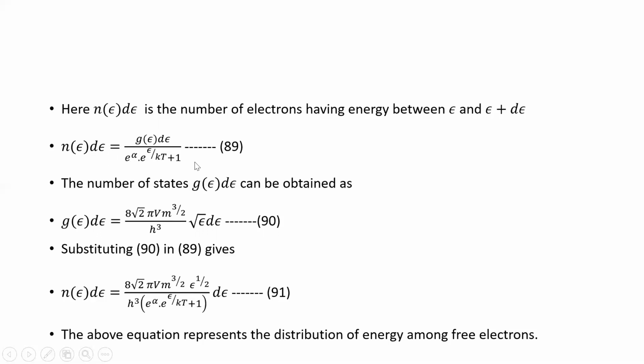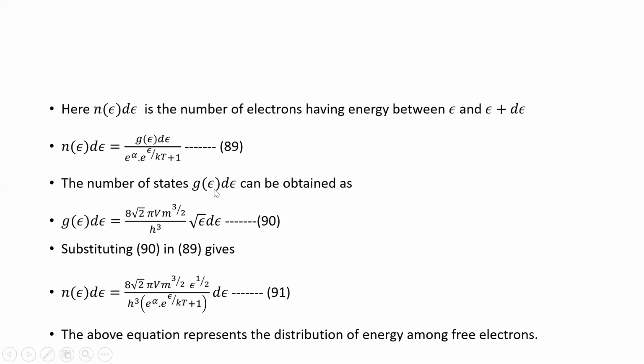This we obtained from the Fermi-Dirac distribution law, which states that Ni is equal to Gi by e raised to alpha into e raised to Ei by kT plus 1. N(E)dE is for a system which has continuous energy distribution. So N(E)dE is the number of electrons having energy between E and E plus dE, and this is the Fermi-Dirac distribution law for a system having continuous energy distribution.